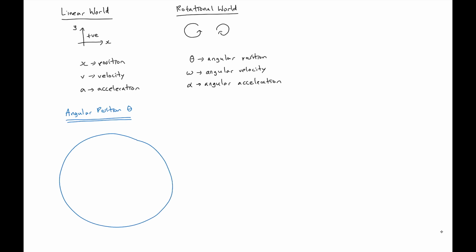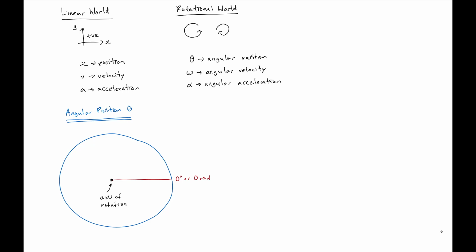We have our circle, we have the axis of rotation, and we have a reference line. The reference line can be this right here, where it is 0 degrees or 0 radians.